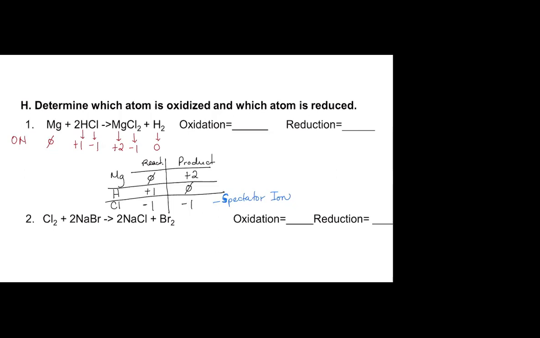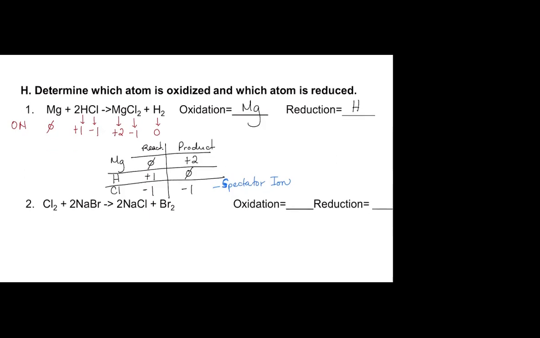They're going to go towards more positive. So who got oxidized? Great job. Magnesium got oxidized. So that means that hydrogen got reduced.